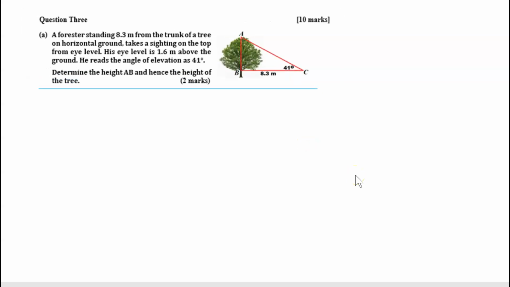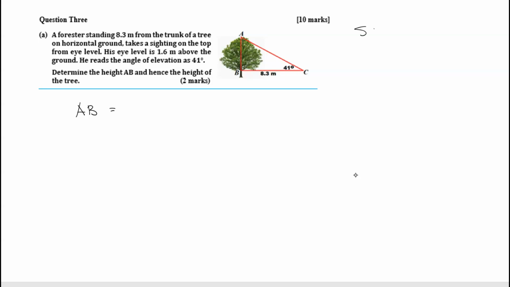Right, you are asked to find AB. Only use what you've been given, and this is where people introduced extra stuff that became errors upon errors. You're not given the hypotenuse, you are given the angle, and you are given the adjacent.